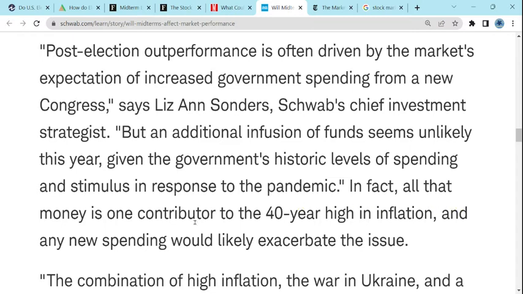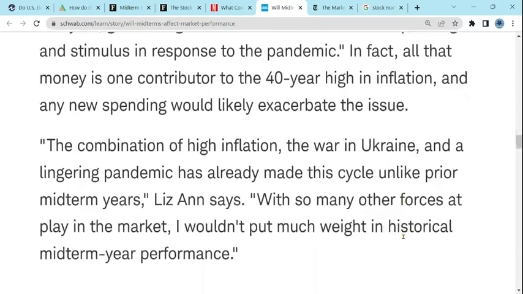In fact, all the money is one contributor to the 40-year high in inflation, and new spending would exacerbate the inflation issue further. So the combination of high inflation, the war in Ukraine, and a lingering pandemic have already made this cycle unlike prior midterm years.